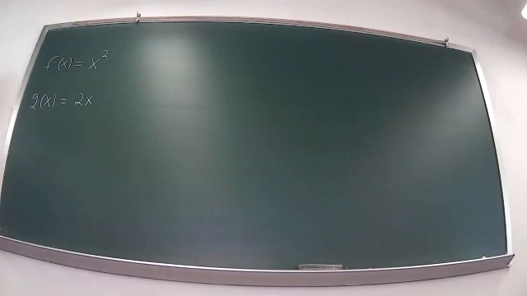So we could use the power rule to take the derivative of f of x. We could use the power rule to take the derivative of g of x. If we wanted to multiply these functions together to take f times g, we could just do that and get 2x cubed and then take the derivative, and that would be fine. Or we know about the product rule, which would also let us take the derivative of f times g, and that's fine. But there's one other way to combine functions.